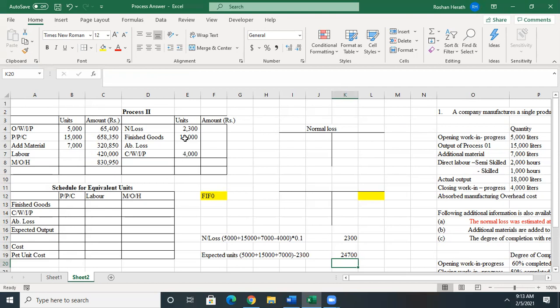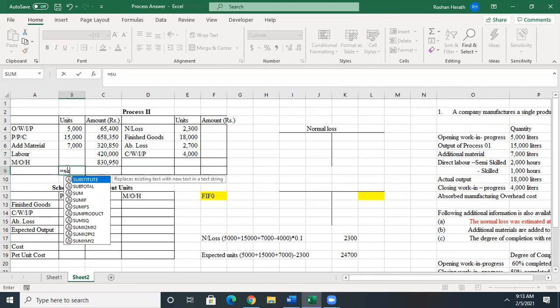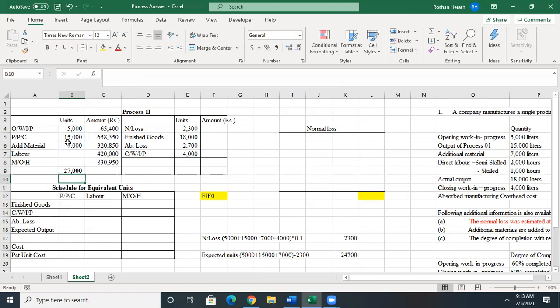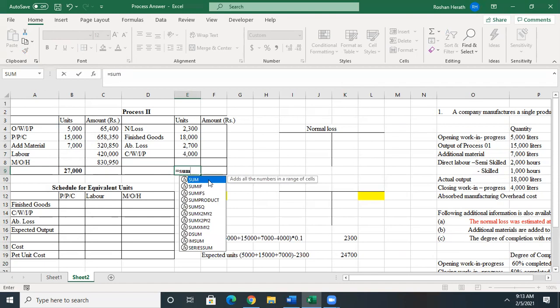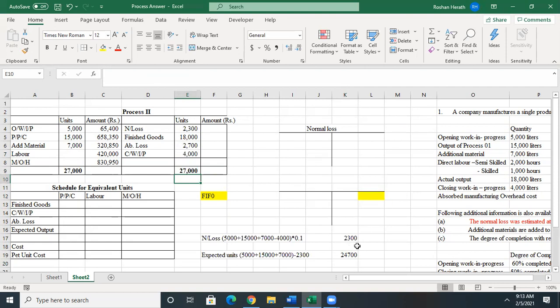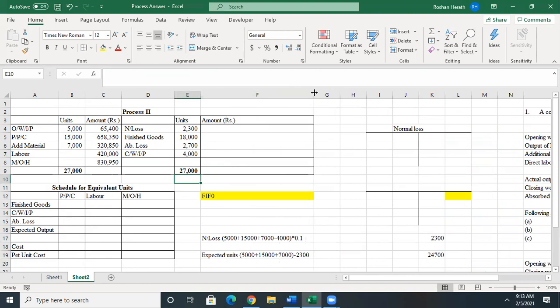So here you have 18,000 and 4,000, 22,000. Hence, the abnormal loss has to be 2,700. Now, if you work out the units, that may be equal. So here we have an abnormal loss, right? 27,000. Yes, that agrees. Right.